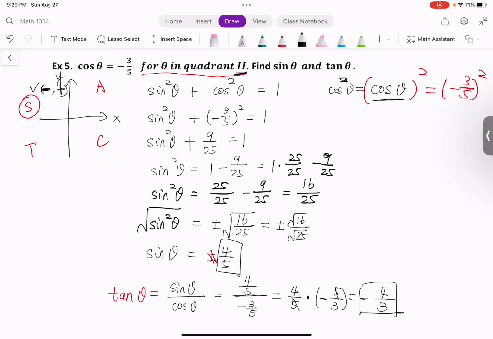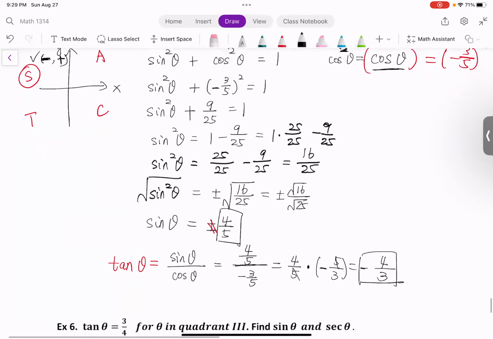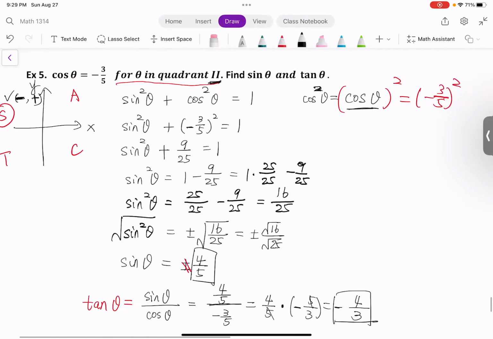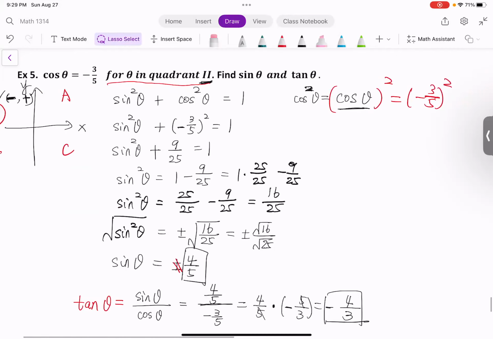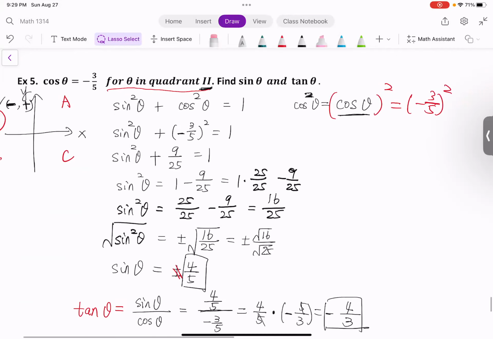But I suggest you use the second method. I think the second method is easier. So let's copy the question. Can I copy the question?